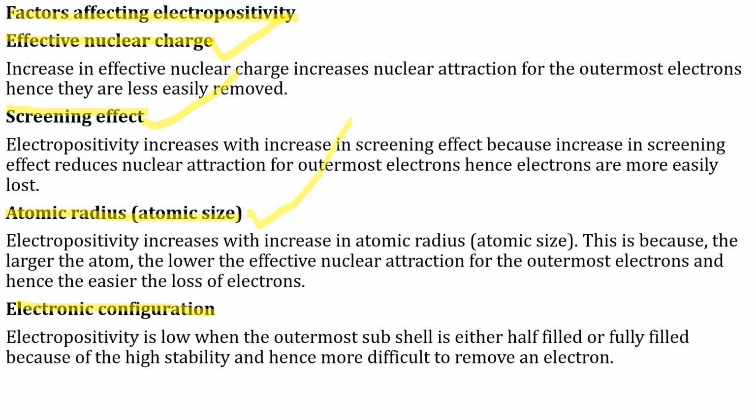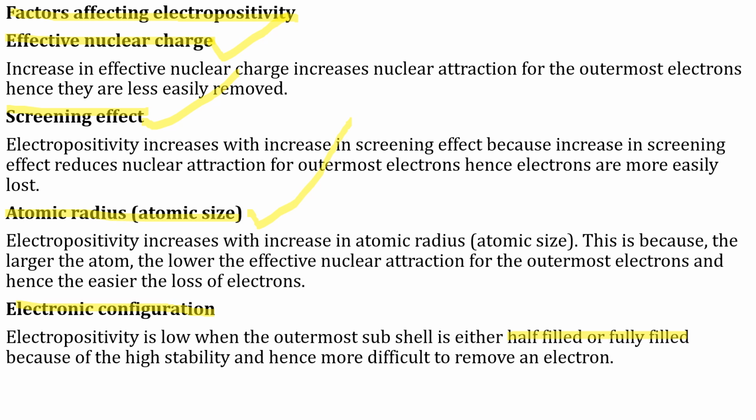Electropositivity is low when the outermost sub-energy level is either half-filled or fully filled with electrons. I've already explained that that's due to its thermodynamic stability or energetic stability. Therefore, the tendency to lose an electron is going to be low. Atomic radius: the smaller the atomic radius, the more strongly the valence electrons are attracted to the nucleus.